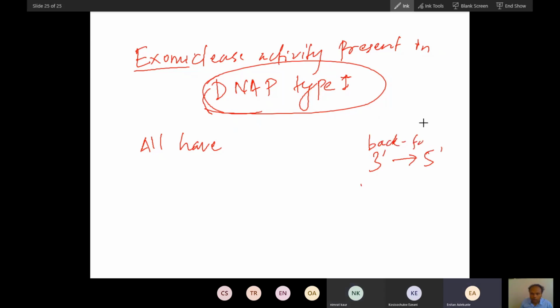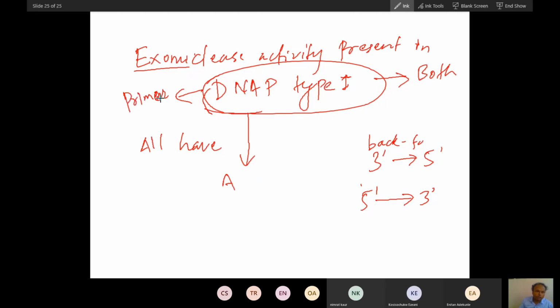It also has 5' to 3'. So this DNA polymerase has both, and that is why it is active between Okazaki fragments. This DNA polymerase 1 also has the capacity to remove primer. Though we have one more enzyme for primer removal, RNase, this DNA polymerase 1 can also remove the RNA primer.